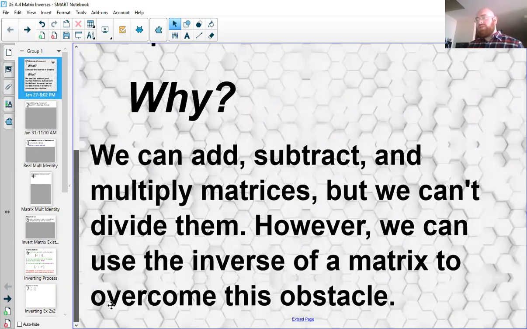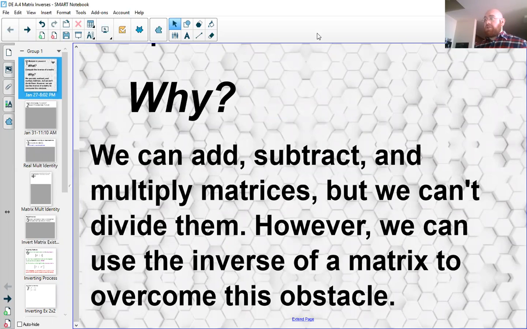So we've already determined that we can add, subtract, and multiply matrices, but we can't divide them. However, we can use the inverse of a matrix to overcome this obstacle, and through multiplication, accomplish division.